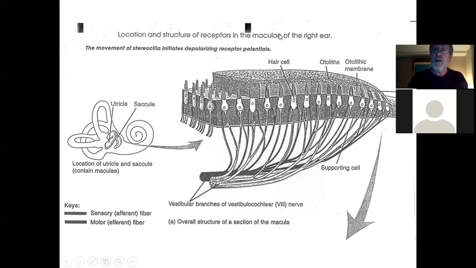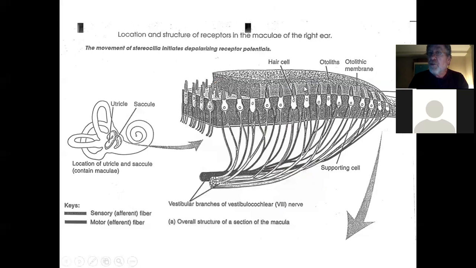In the maculae of the utricle and saccule, the stereocilia are surrounded by gelatinous material, like jelly, though not the kind you eat. It's not pink or green or red, and it's not sweet.